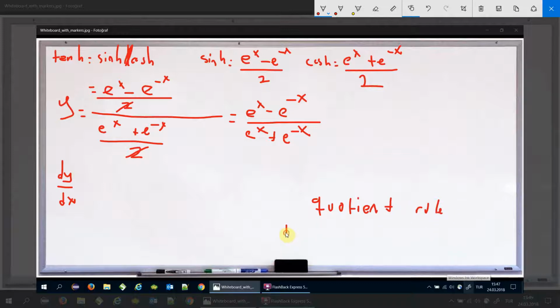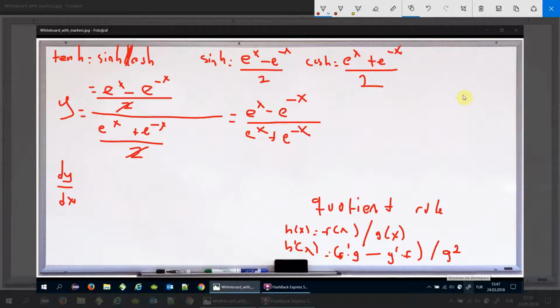It says if a function h can be expressed as function f over function g, then we can calculate the derivative of function h like that: derivative of f times function g minus derivative of function g times function f, over function g squared.